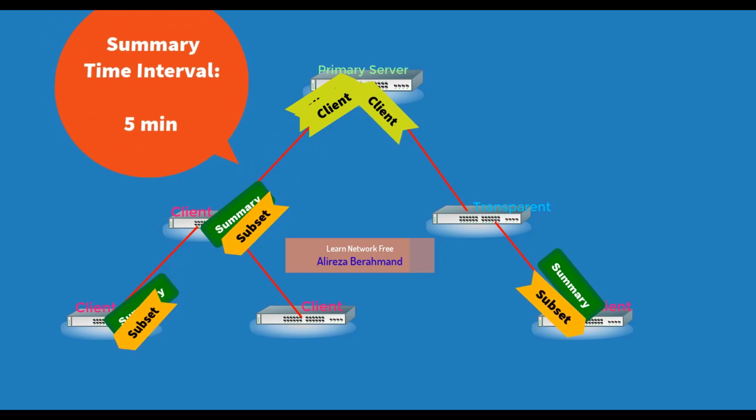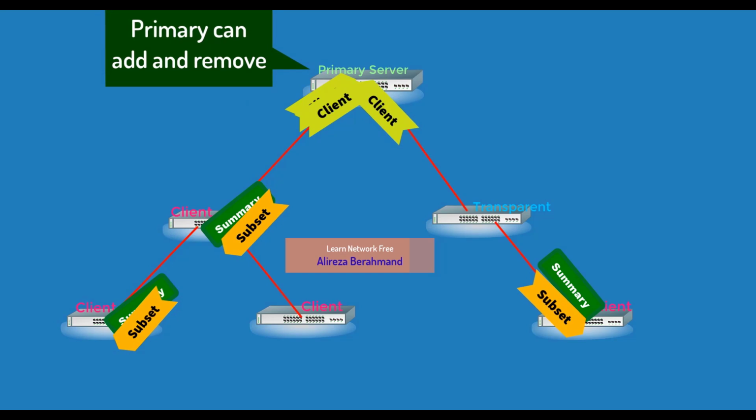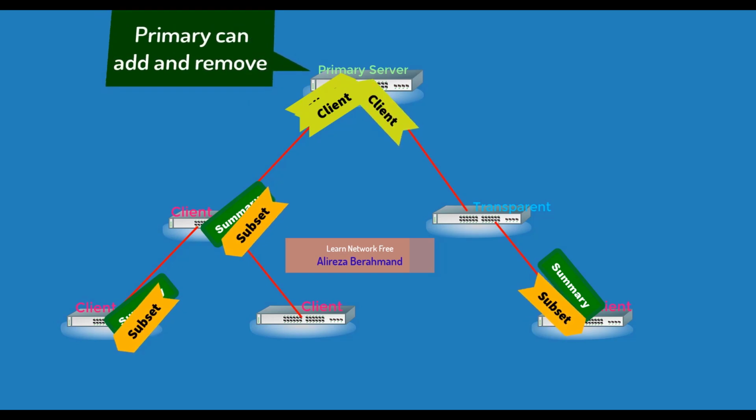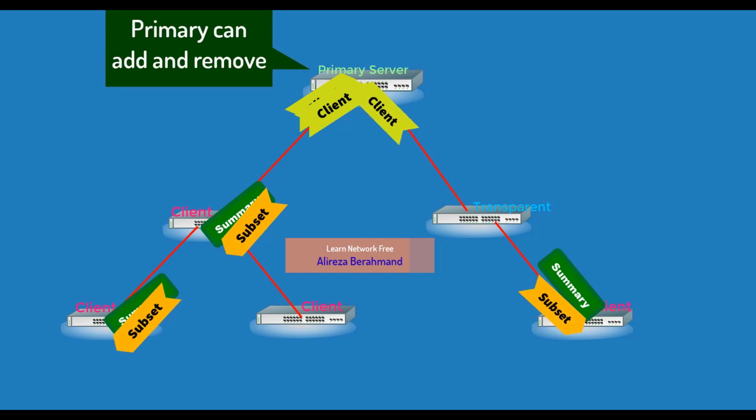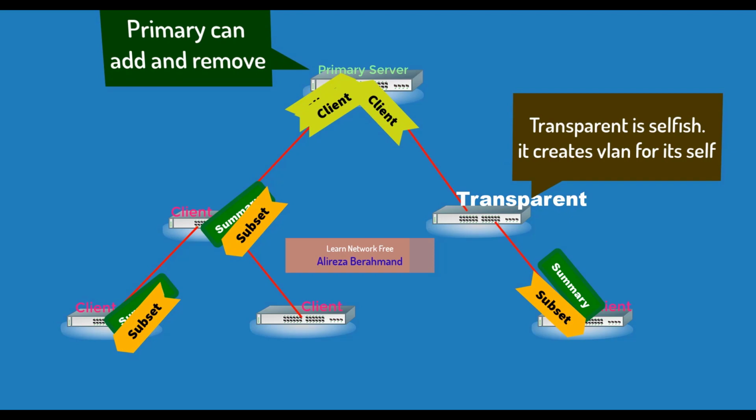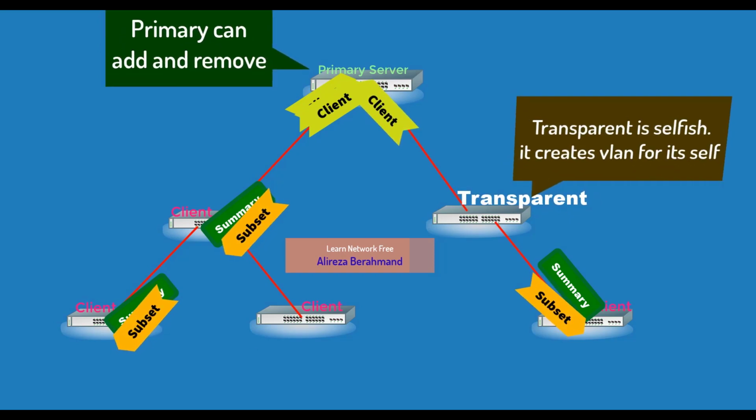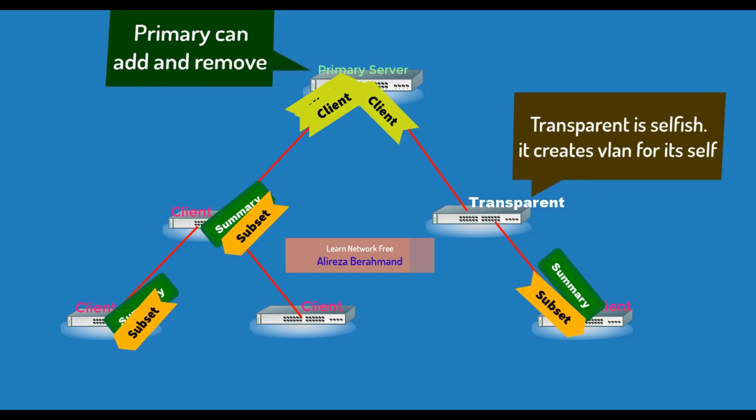In addition, only the primary server is able to create and remove VLAN and MST instance in order to advertise and synchronize the information. You can create VLAN in transparent, but transparent is not able to advertise the information to the other devices.